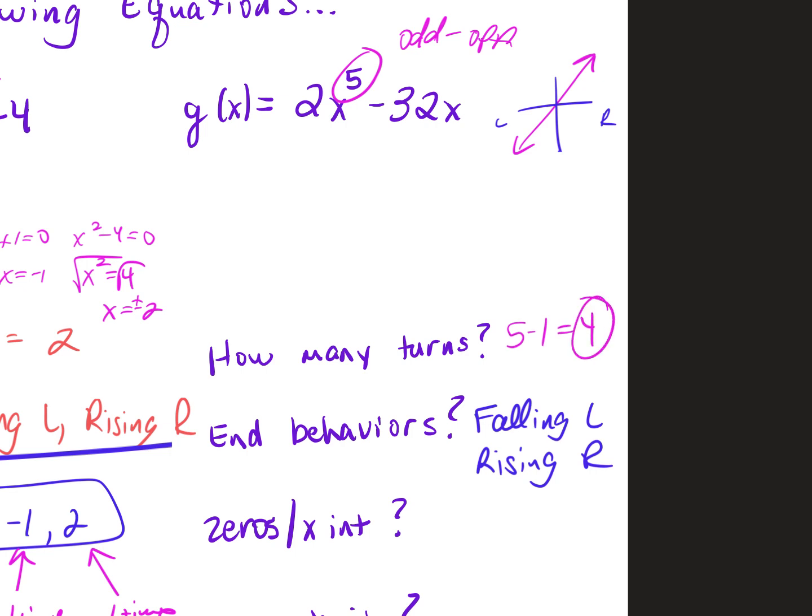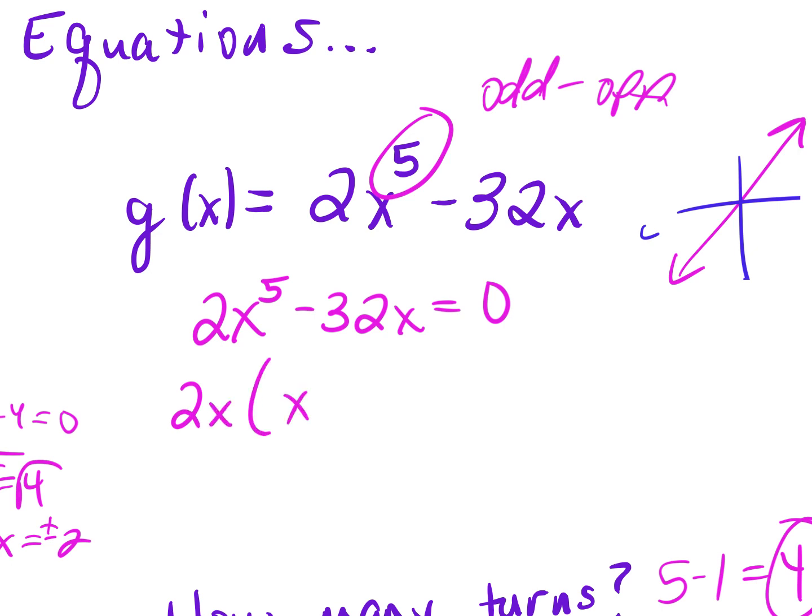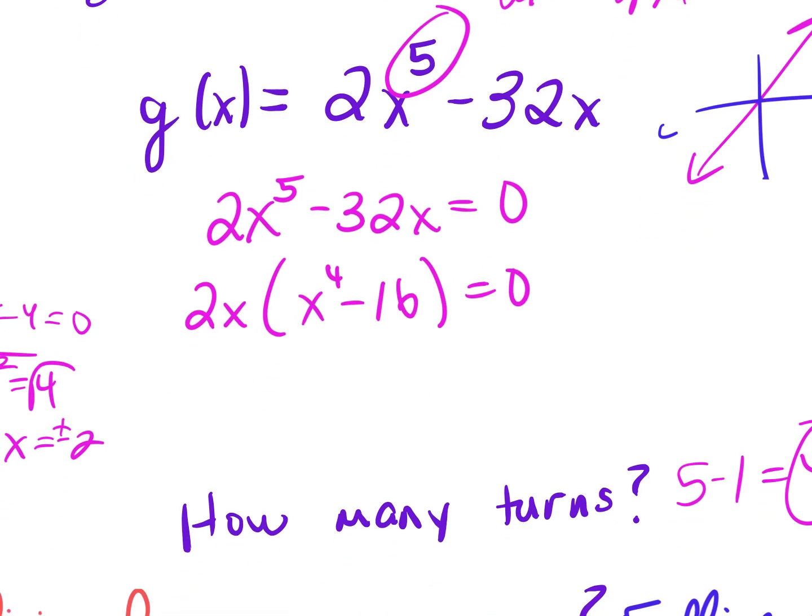Now we're going to find the zeros. How do we find the zeros? Set it equal to 0, so 2x to the 5th minus 32x equals 0. GCF: 2x, so I'm left with x to the 4th minus what? Can I do anything?